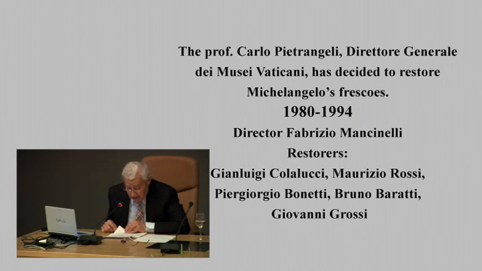The work began in 1980 and finished in 1994. It was made by restorers of the Laboratorio di Restauro dei Musei Vaticani and was directed by art historian Fabrizio Mancinelli.